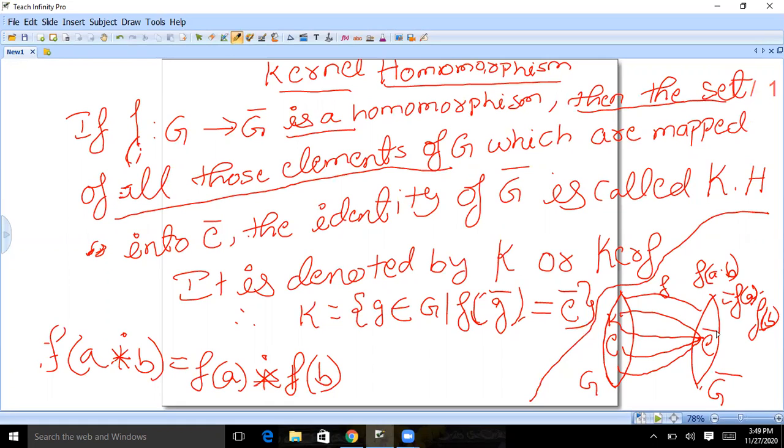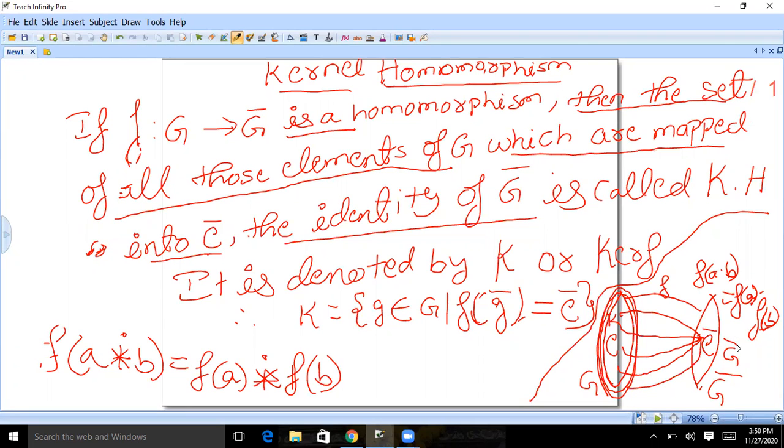Simple example, no confusion. If f: G → G bar is a homomorphism, then the set of all those elements of G which are mapped into e bar, the identity of G bar, is called the kernel of homomorphism.